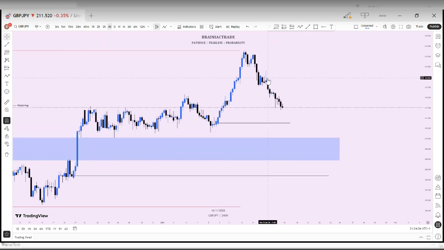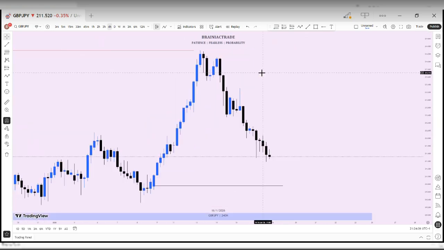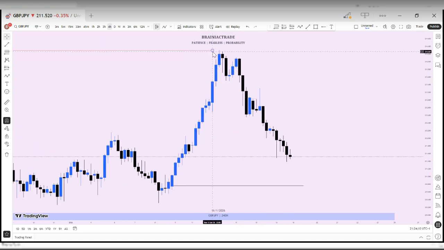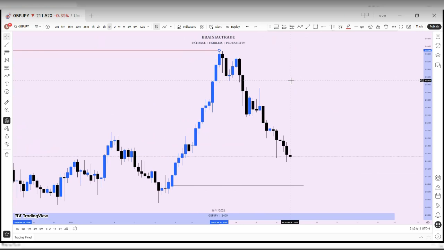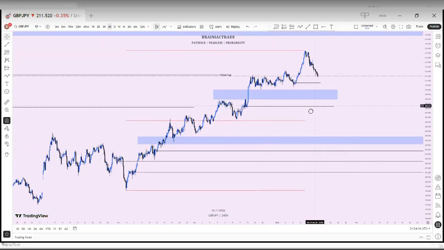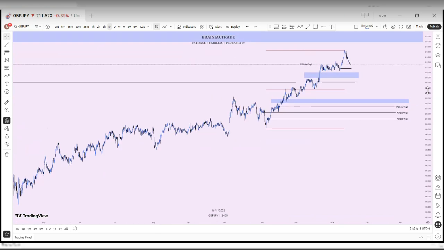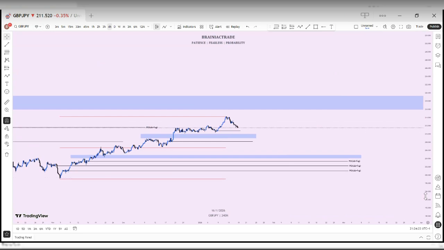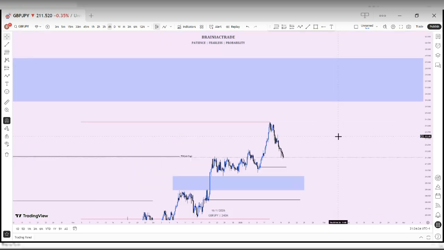Let's look for the opportunity that we can see here. You can see that the market has now shown that we are in a downtrend. This order block adds to the confluence. So what do we want to look for here now?